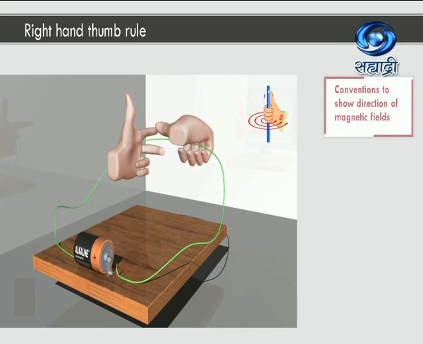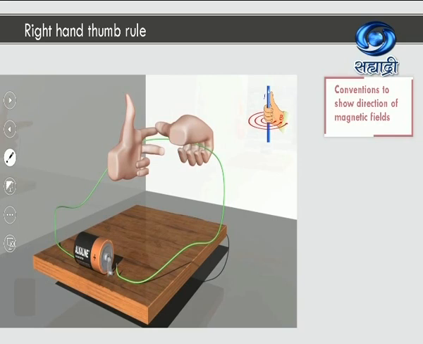If the thumb stretched along the length of the wire is in the direction of flow of current through that conductor, then whatever is the direction of your curled fingers gives us the direction of the magnetic field produced around that current carrying wire. You can see that in this situation, current is flowing upward and the magnetic field is produced around it in this manner, right?